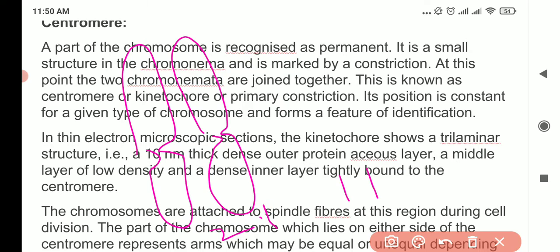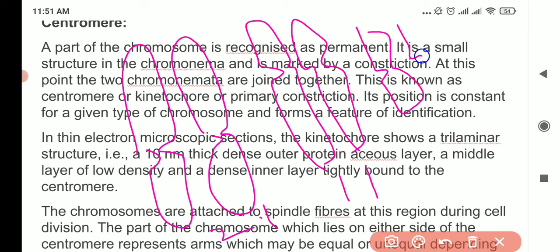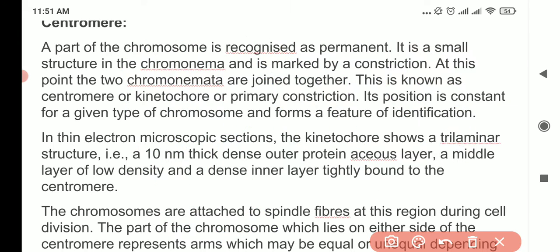Just by the position of the centromere, we will know this is chromosome 11, and so on, because this position is constant. Then this one is chromosome 12 or any other chromosome. So they have their own unique positions.